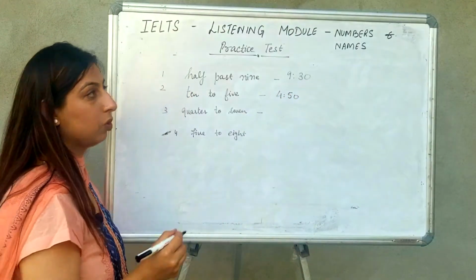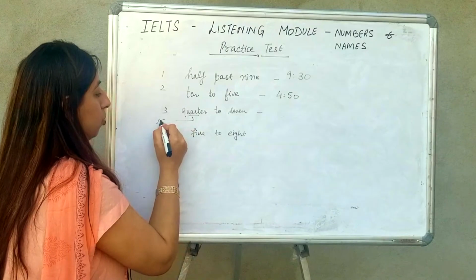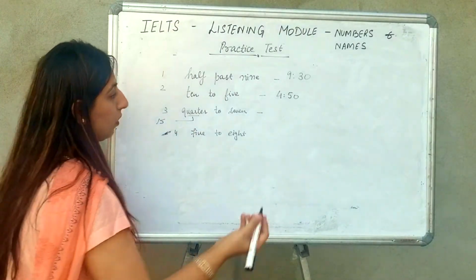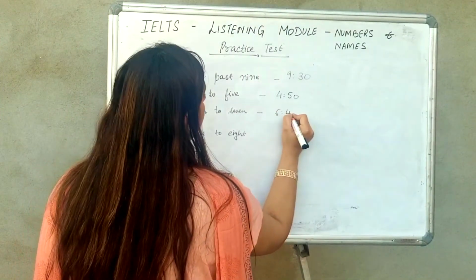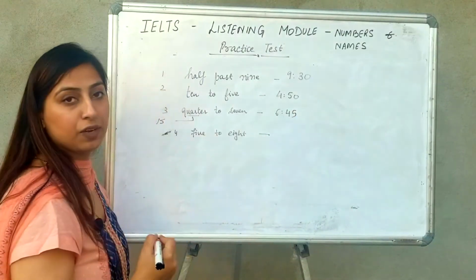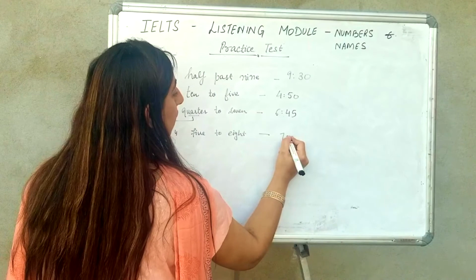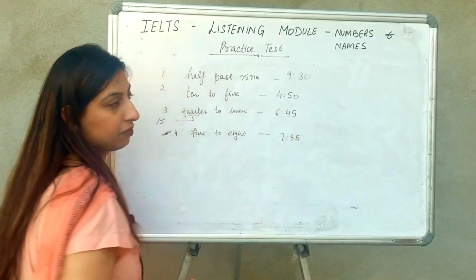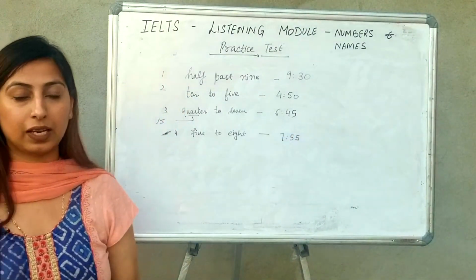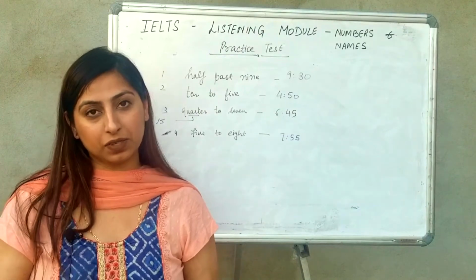Quarter to 7: quarter means 15 minutes, so 15 minutes are still there for 7. That means 6:45. And the last one is 5 to 8. That means 5 minutes are left for 8, that means 7:55. You can check your answers and practice more of time and numbers.